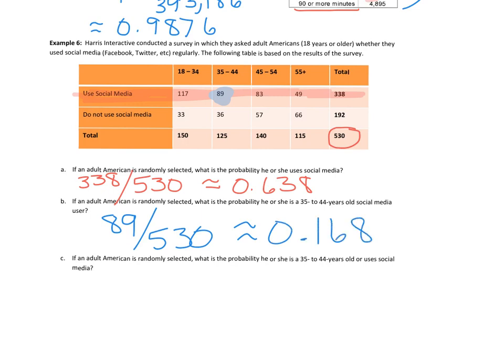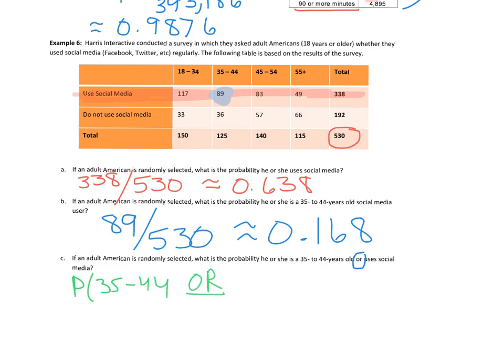Okay, and then part C is relating it back to what we were just looking at. If an adult American is randomly selected, what's the probability he or she is 35 to 44 years old or uses social media? Let's write that out.